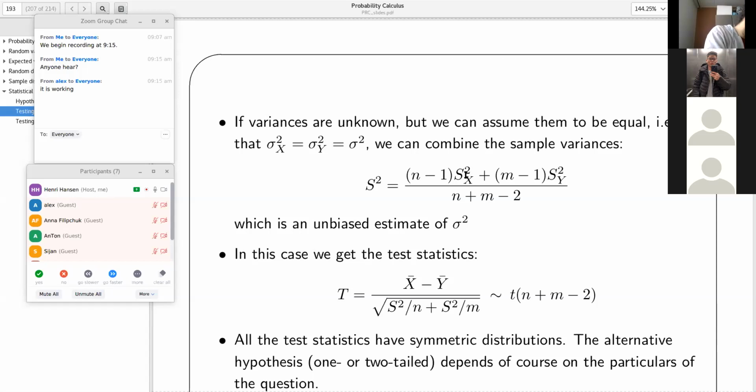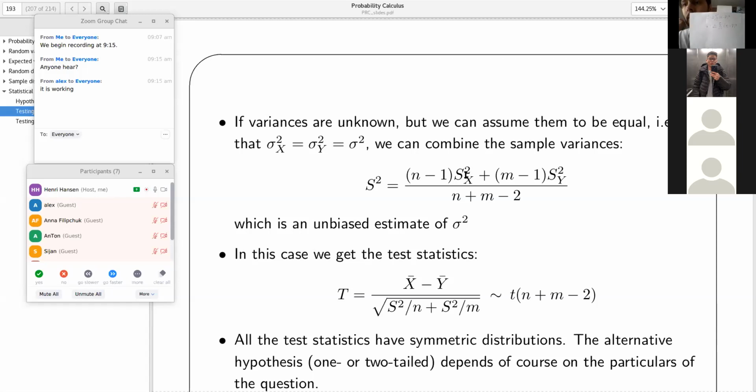And then for y, that's 1 over m minus 1 times the sum as i ranges from 1 to m of (y i minus y bar) squared. So you have these two, right?